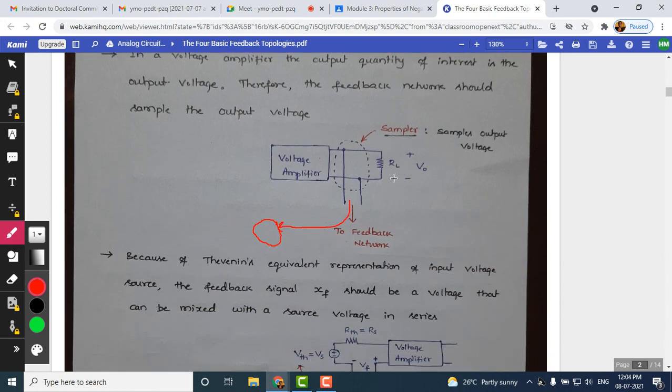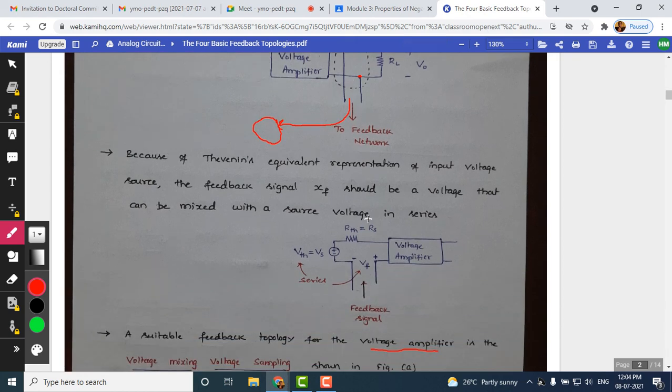Since this output is an amplified voltage signal, we have to sample in this way, on a shunt or parallel basis, and the output of this amplifier goes as an input for the feedback network here. Under each topic we are going to show only a sample of the block diagram. At the end we are going to show the complete block diagram of the voltage amplifier.